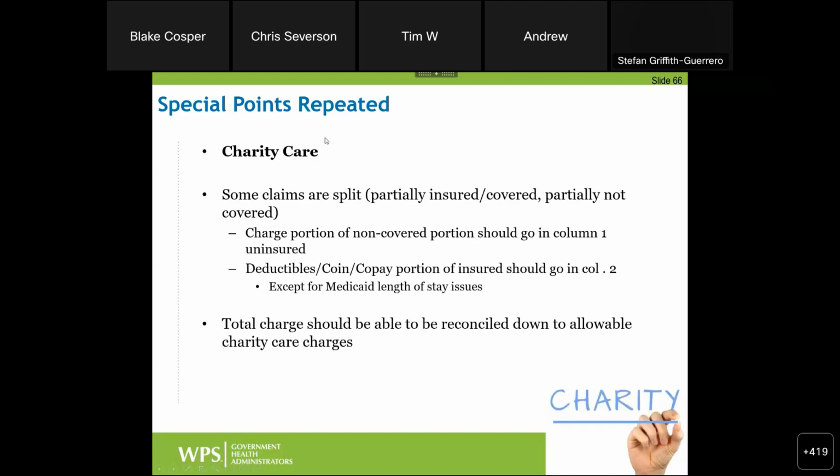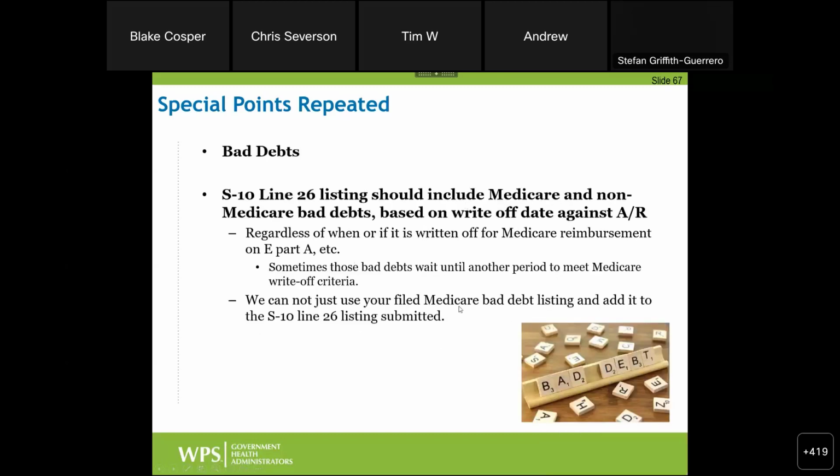I think we've talked about the charity care, the whole splitting. We've talked quite a bit about that, so we don't need to worry about that too much. We've also touched on the fact that the bad debt listing for line 26 should be an accounts receivable write-off, rather than when you recorded it as Medicare bad debt, if it's a Medicare patient.